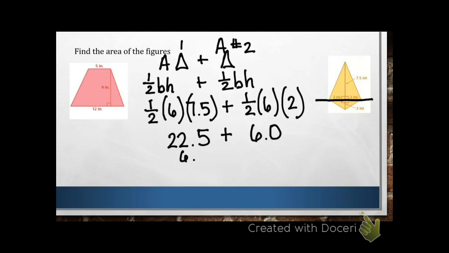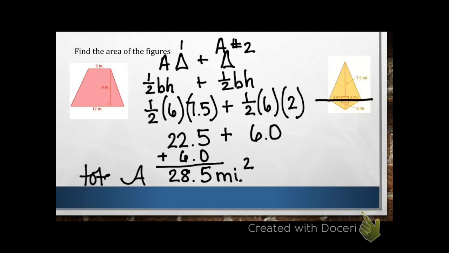So when you're adding it to your decimal, you have to line them up. This is the whole number. If I were to put it under the 5, I would be making it a 10th, and I'm not going to get the right answer. But when I do that, I get 28.5 miles squared. So my total area for my kite is 28.5 miles squared.